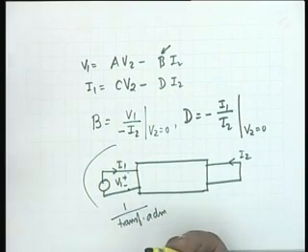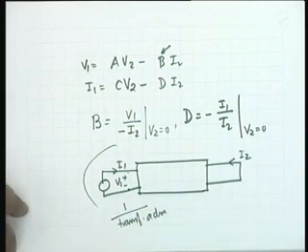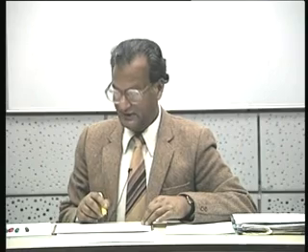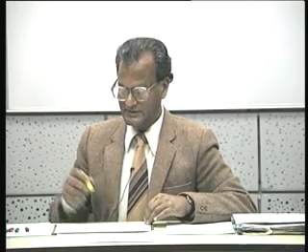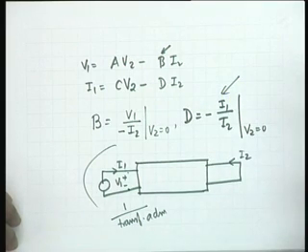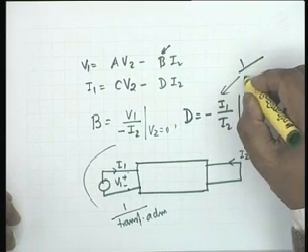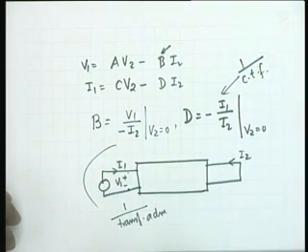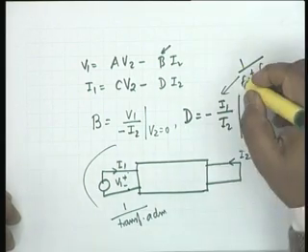If it comes out negative, we will take its negative. But dimensionally it is 1 by a transfer admittance, and capital D, as you see, is the reciprocal of the current transfer function, 1 by current transfer function, short circuit, all right.